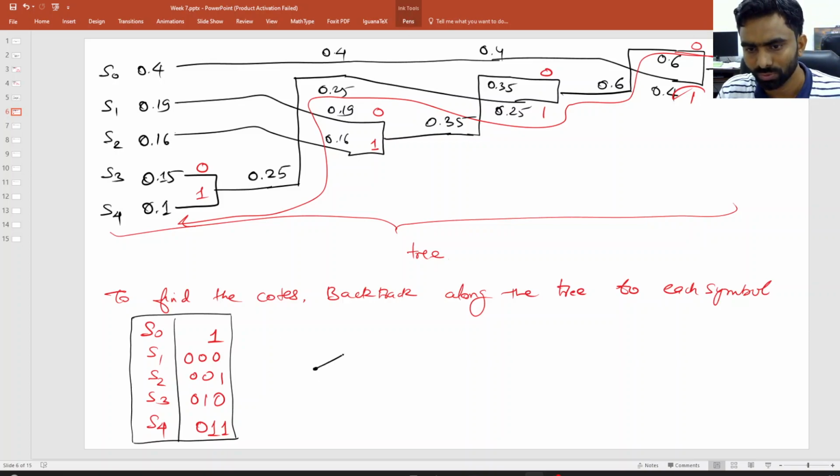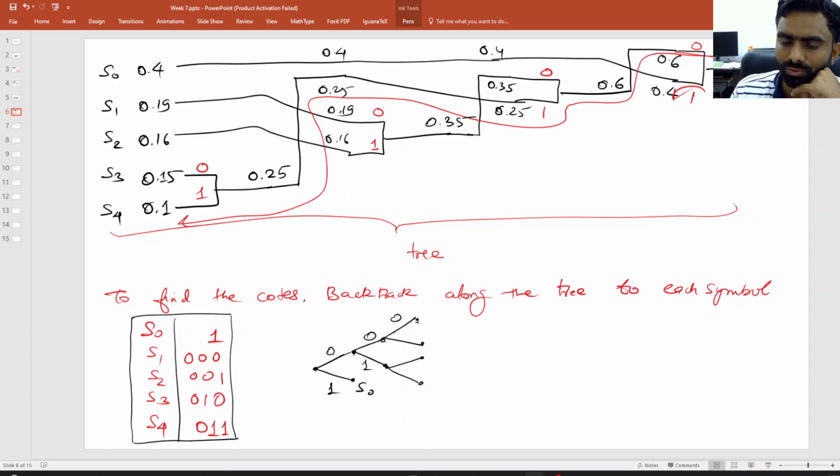So it is 0, 1. So here it would be S0, then 0, 1, 0, 0, 0.